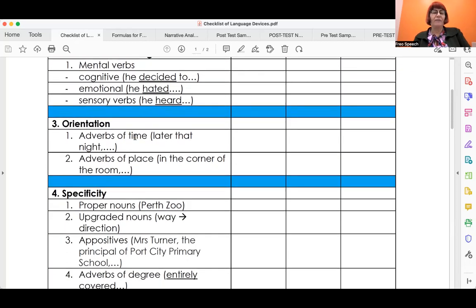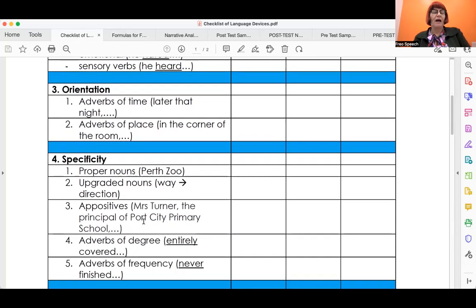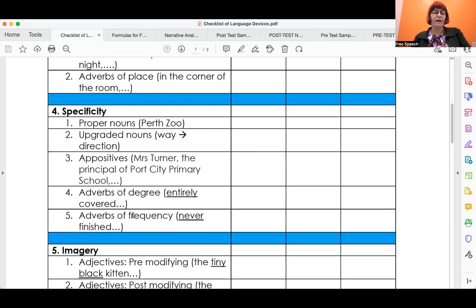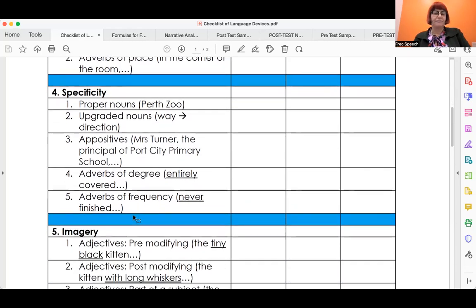Orientation via adverbs of time and then adverbs of place. Proper nouns, so specificity is gained through proper nouns, so Perth Zoo, Target, names of characters. Upgraded nouns, appositives, adverbs of degree and adverbs of frequency.